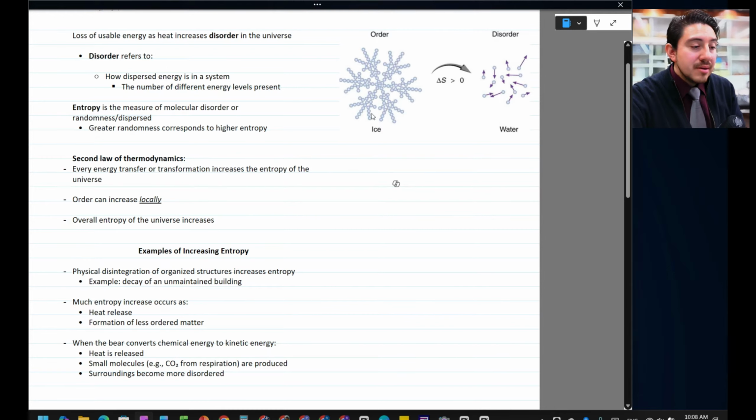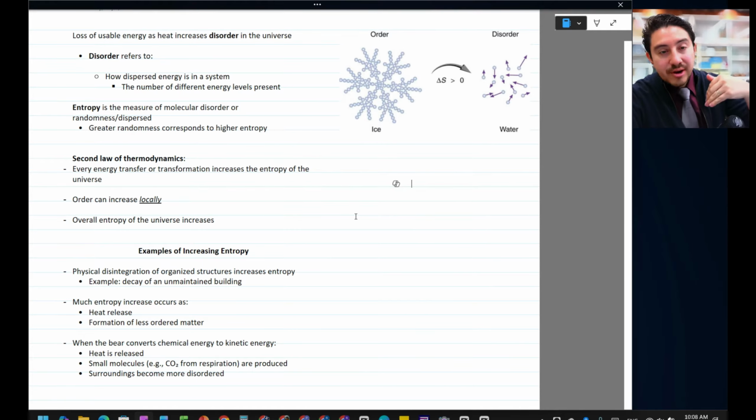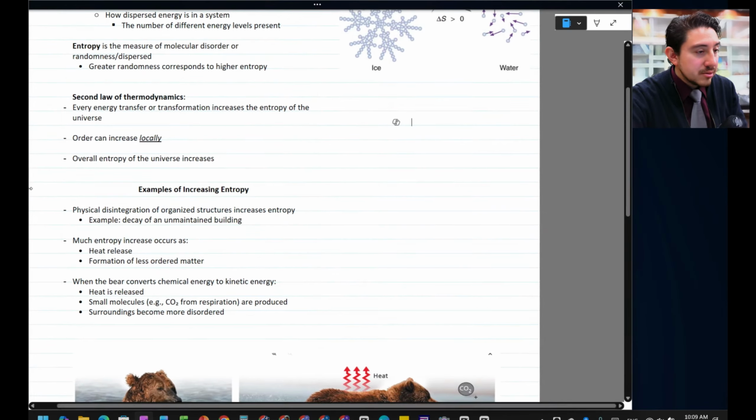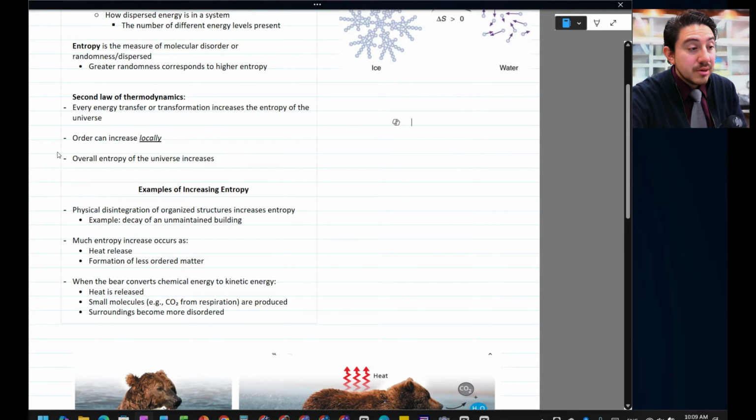But as you're increasing that, you're removing energy from that structure, and that will be given to the environment. So this is what this little statement refers to: order can increase locally within a particular thing that you're observing, but the overall entropy in the universe will increase.